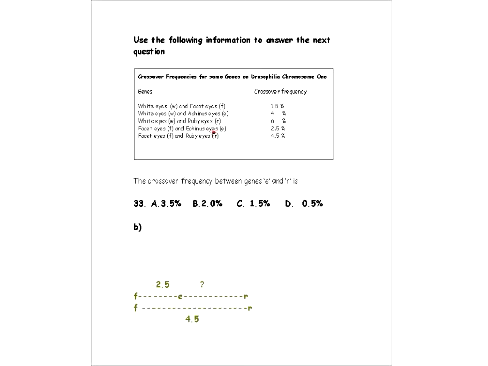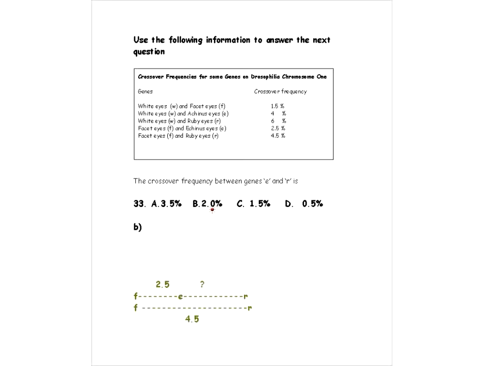So to find the difference between E and R, we said that F and R have a difference of 4.5, we call map units or percent. F and E was 2.5%, and we want to find the difference between E and R. So we're calling this question mark, and it's going to be 4.5 minus 2.5, which is 2%.